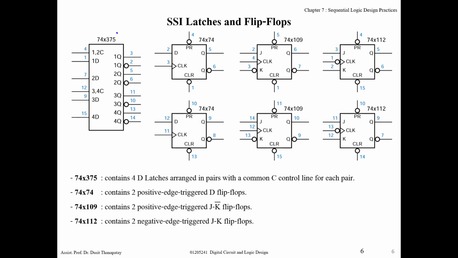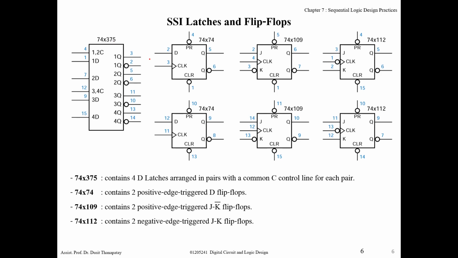This is a latch, with enable C. Inside there are 4 D latches, and these 2 D latches are controlled by this signal, and these 2 D latches are controlled by this signal, and the output has both active high and active low. This is 7475.